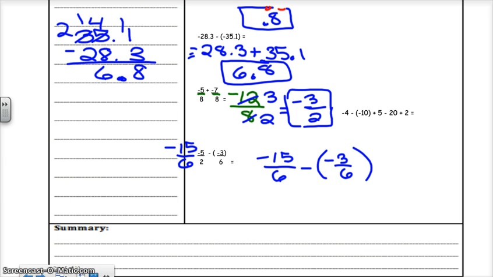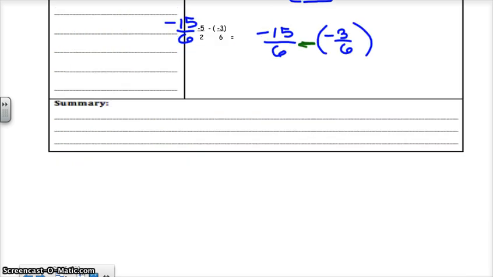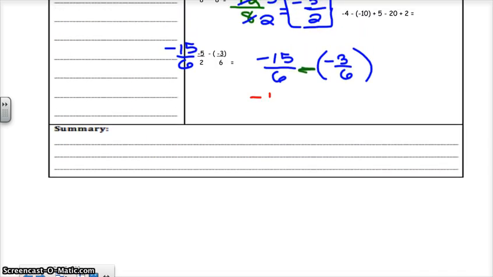It is subtraction, so I need to add the opposite. I need to add the opposite only because it is subtraction. So I rewrite this as negative 15 over 6, plus the opposite of negative 3, which is positive 3 over 6.